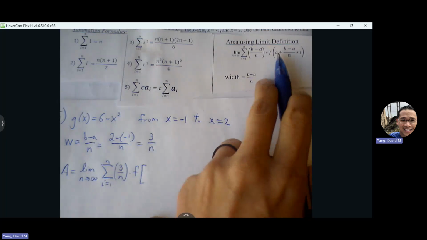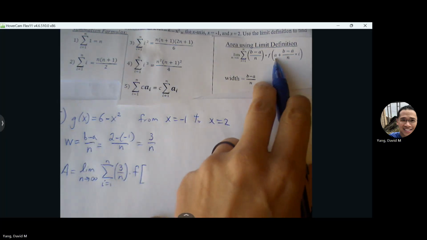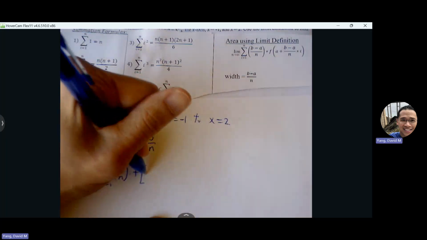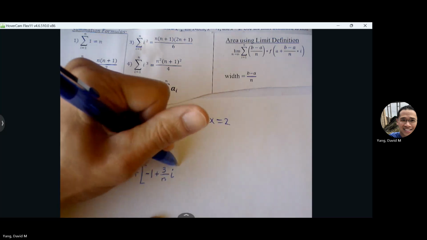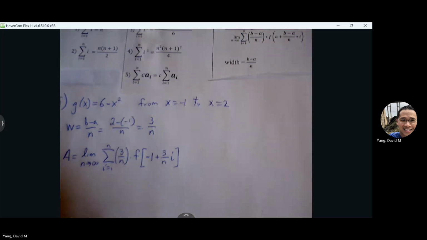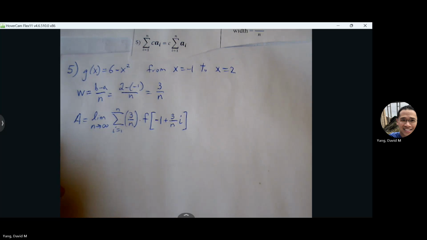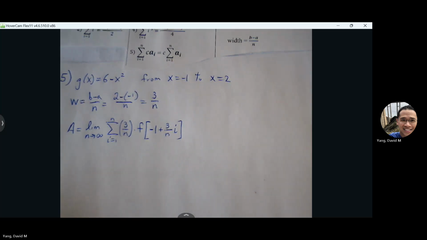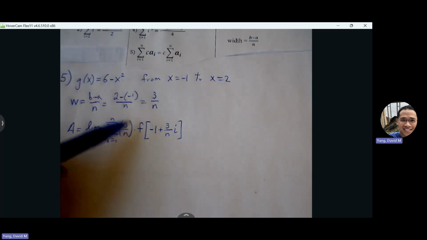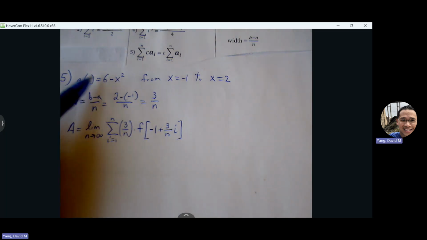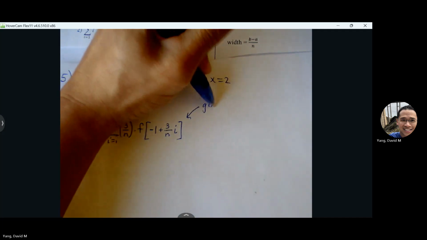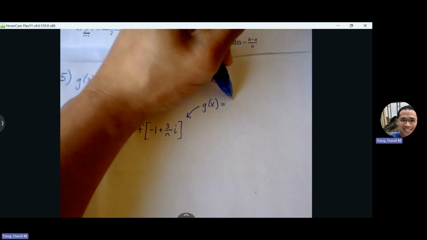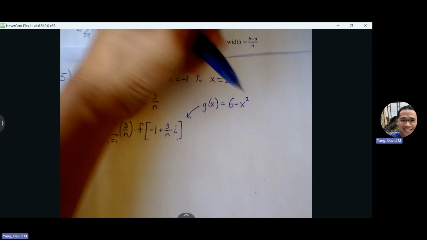What's our A value? -1. I said f here, but really we're just putting into that g of x function. Our g of x function is 6 minus x squared.